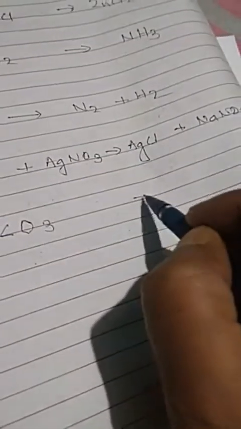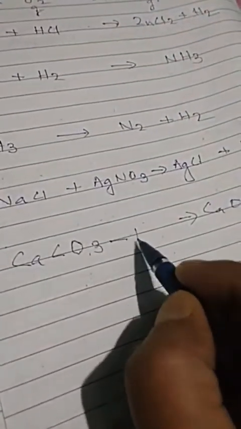Here is another example. CaCO3 forms calcium oxide plus carbon dioxide when this is heated. Anything becomes hot when it absorbs heat. So here heat is absorbed. If we write heat here, it means heat is absorbed, then the reaction takes place.